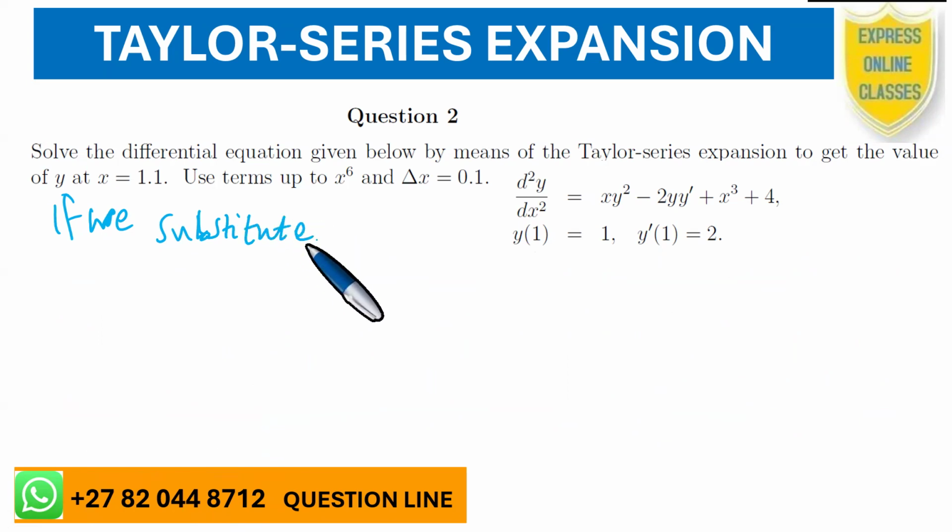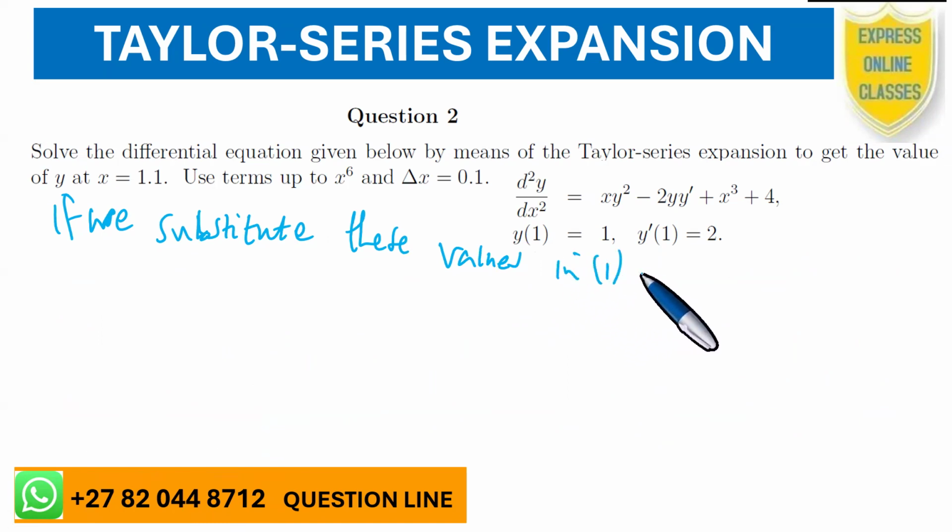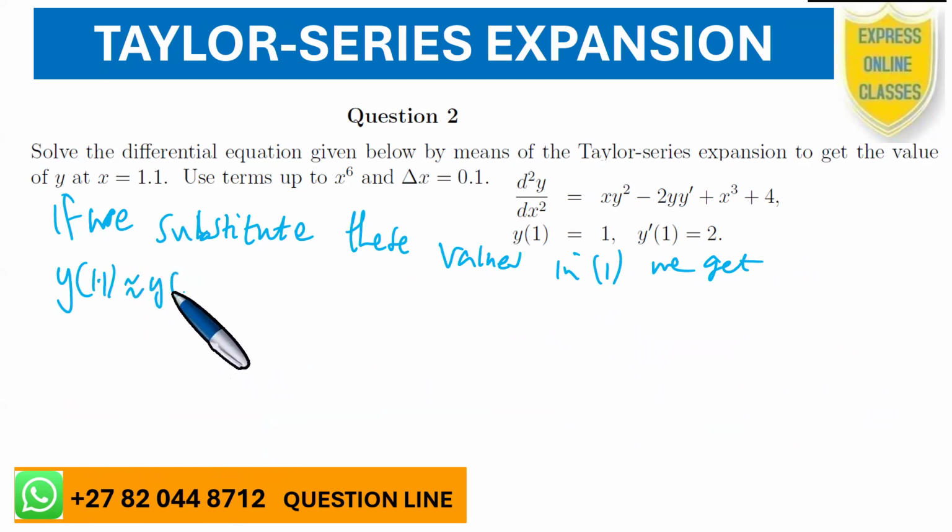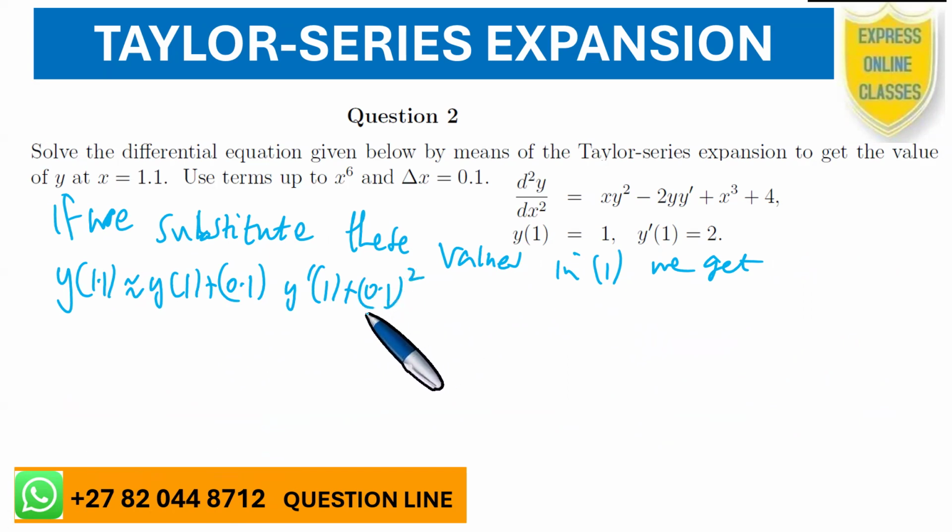If we substitute these values in 1, which is the first thing we've got, you'd remember that the one we're talking about is this one here, y at 1.1, which is approximately y at 1 plus 0.1 y primed at 1 plus 0.1 squared.